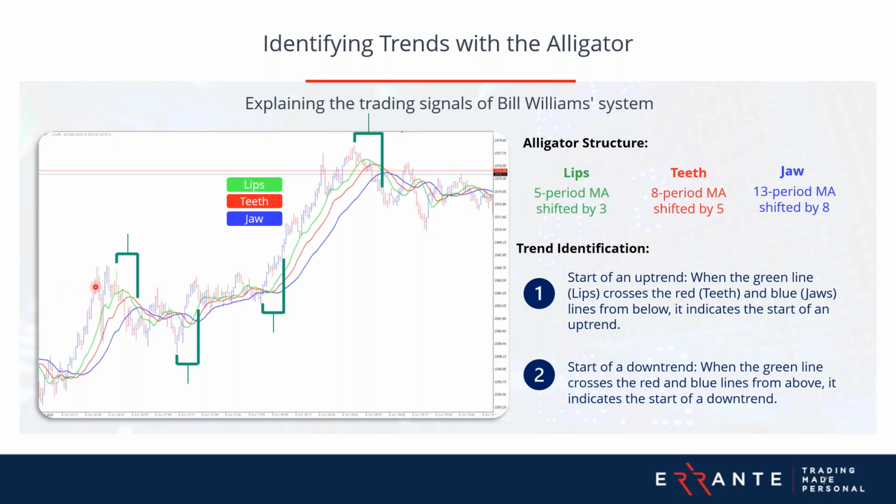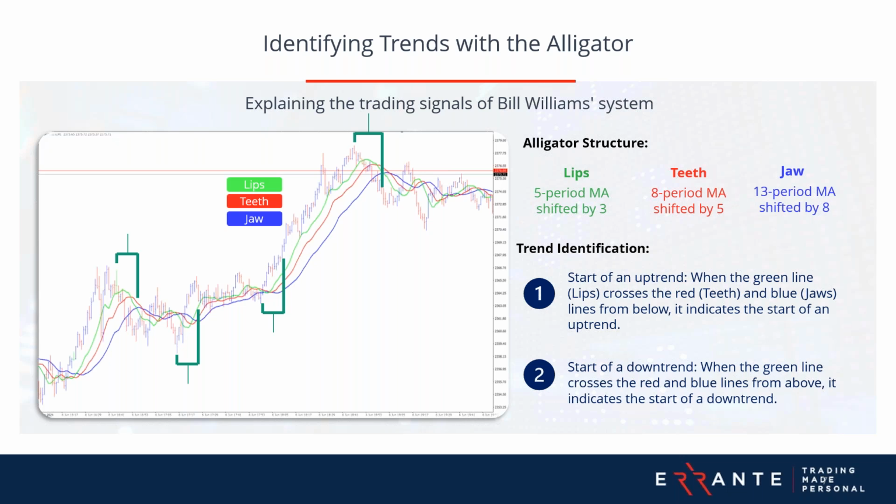You can see when the market is getting bullish, the lips cross above the teeth and jaw, getting to the top of the alligator, and when the market is getting bearish, the lips usually get below the teeth and jaw. And this is our first signal to identify the overall market sentiment.